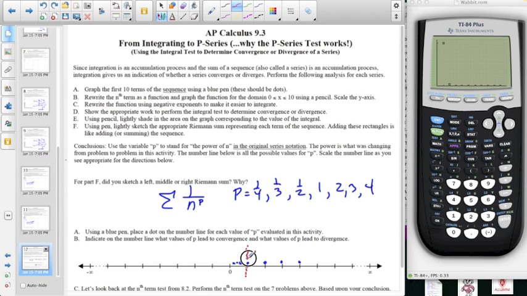So from a power of 1 back into here, we had a divergent or infinite area, so a divergent series, and then anything bigger than 1, we had convergent.